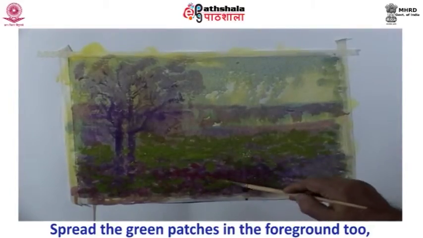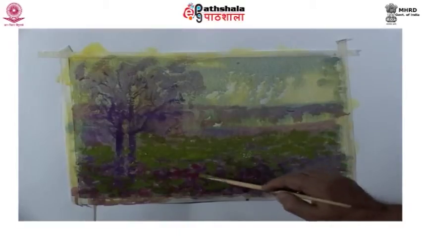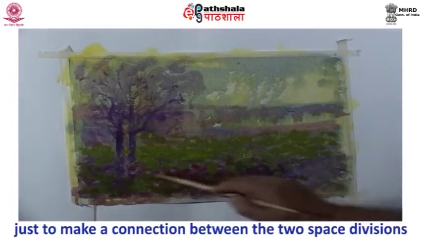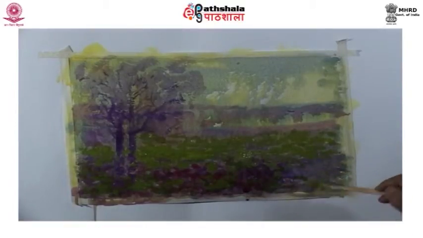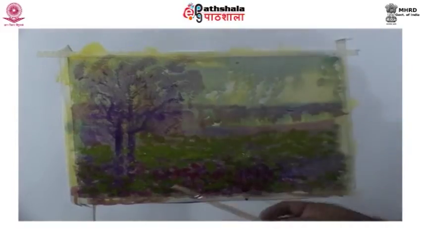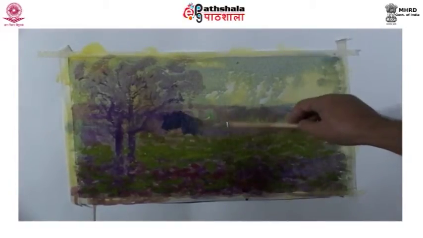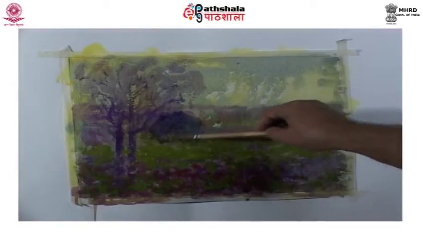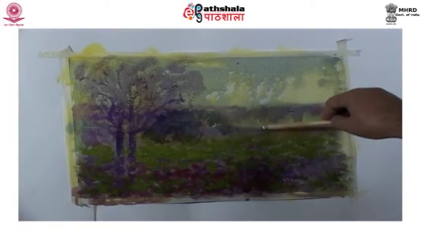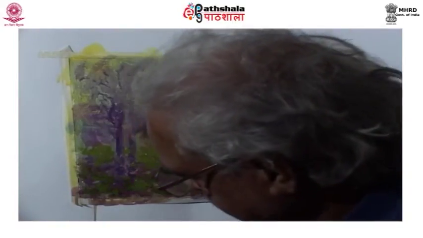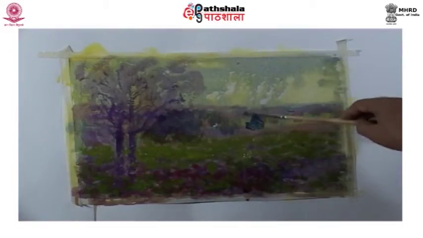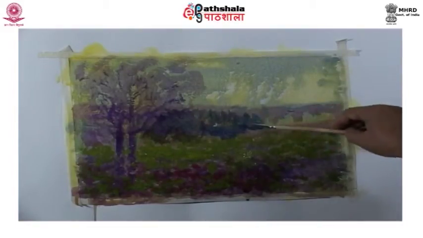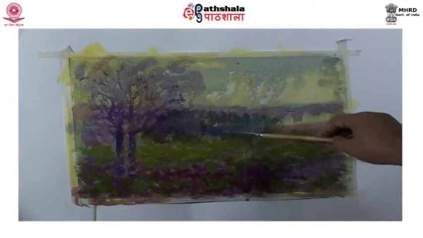Spread the green patches in the foreground too, just to make a connection between the two space divisions. Take a dark blue transparent tone and add it in vertical strokes behind the green to create a distance and another division of space.